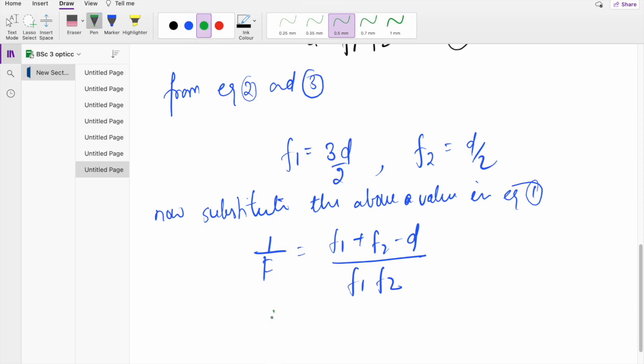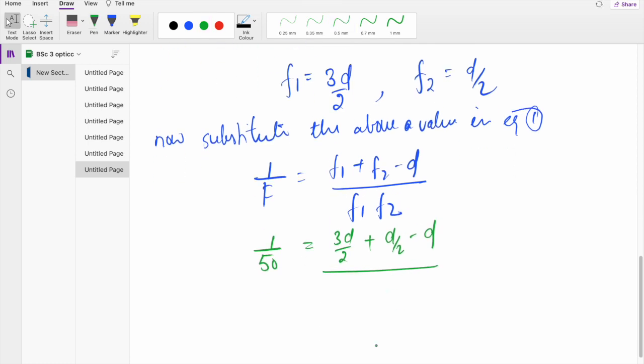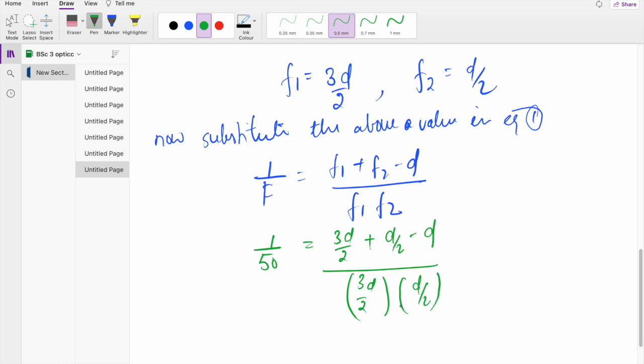Substitute here: 1 upon F is 1 upon 50, f1 is 3d upon 2, f2 is d upon 2, and f1 f2 is 3d upon 2 multiplied by d upon 2. On solving, adding this becomes 4 upon d. So simply we can find d becomes 200 upon 3. On dividing we get 66.67 centimeter, something like this.